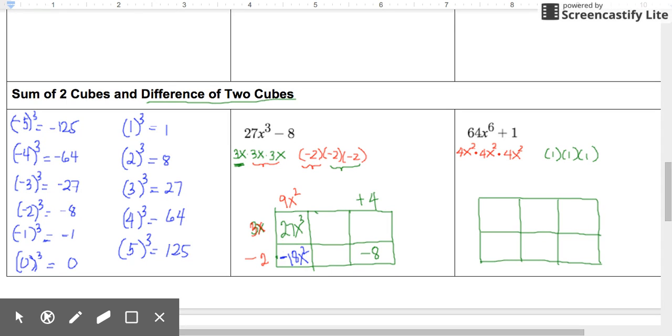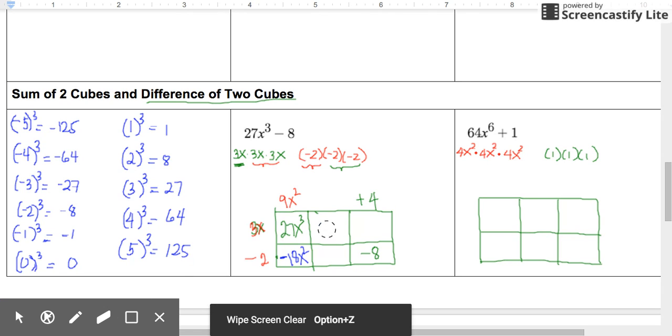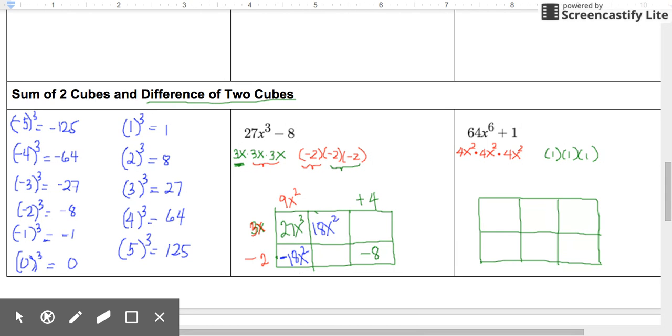Now we can use this negative 18x squared to find what goes here. It should be the opposite, so we put positive 18x squared because we want to cancel them.